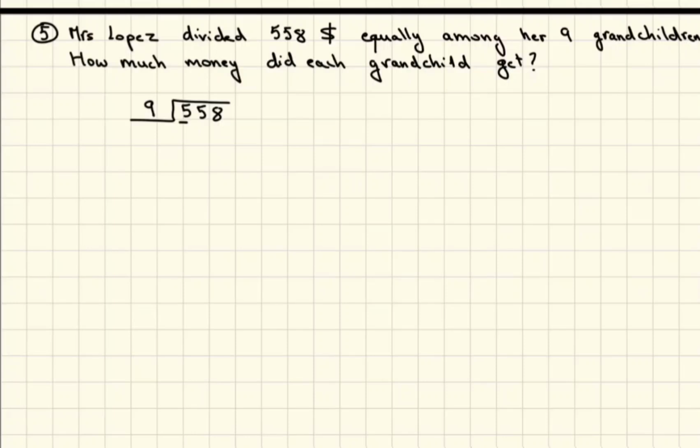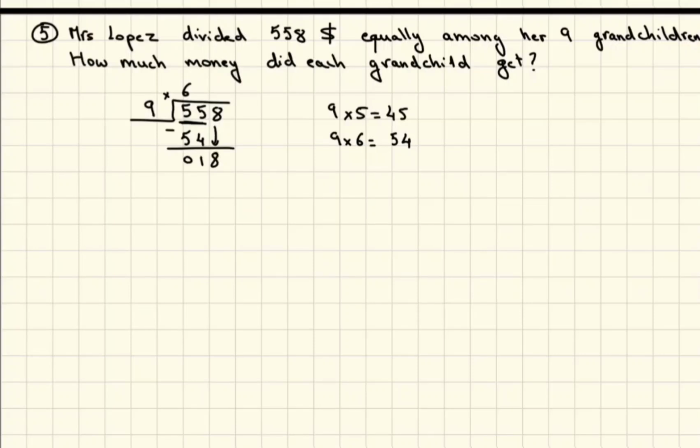I check the 5, it's smaller than 9, I cannot, so we take 55. 9 multiplied by how much? Approximately 55, as we saw before. 9 times 5 is 45. 9 times 6 is 54. So we need to write 6 and 54 down. We subtract. 5 minus 4 is 1. 5 minus 5 is 0.